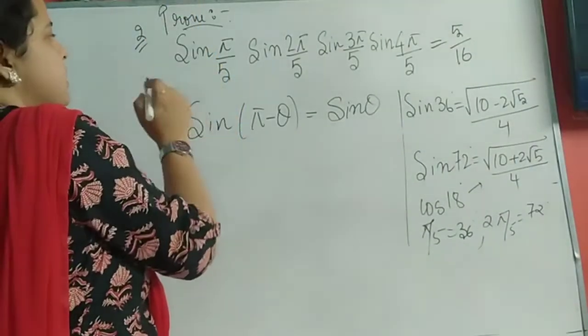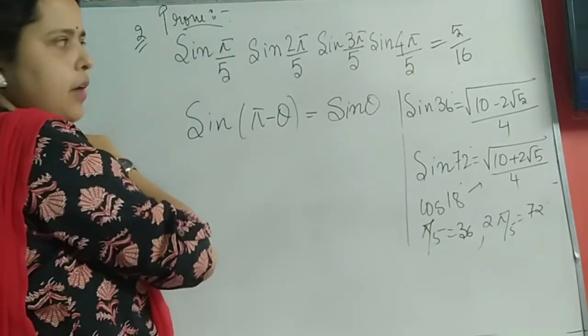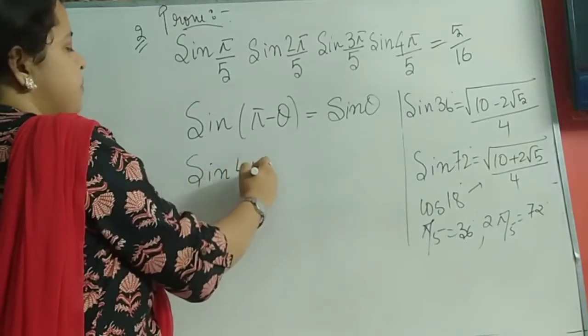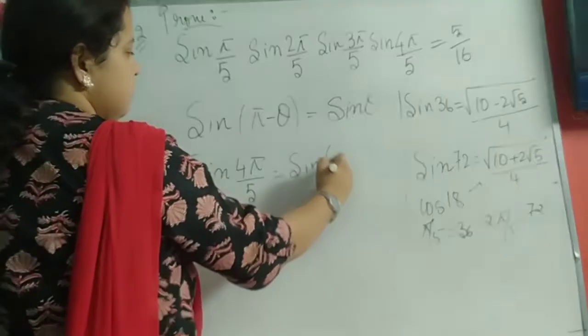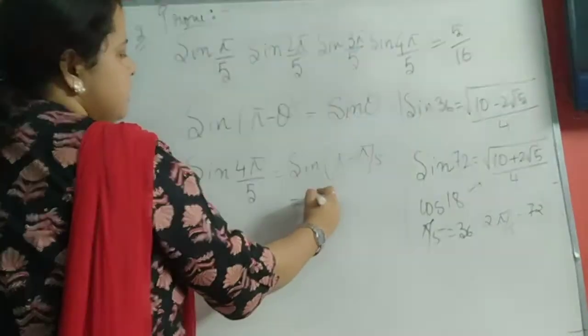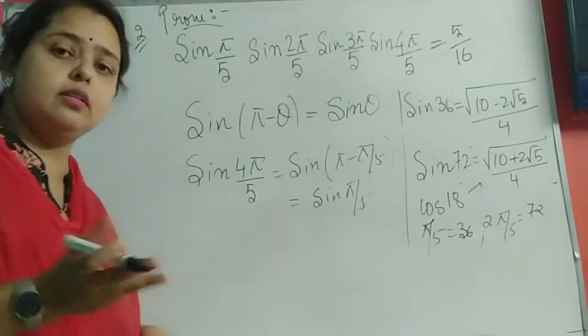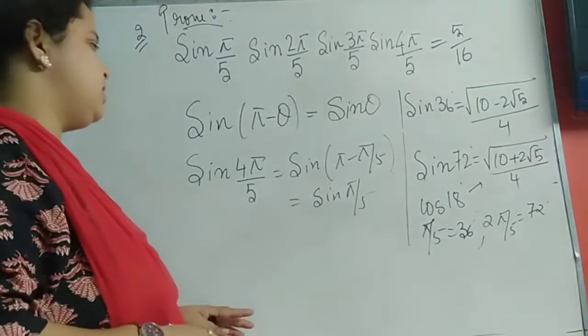So I hope you have understood till now what I am trying to do here. What about sine pi by 5 and sine 4 pi by 5? Have a look at that. Can I write sine 4 pi by 5 as sine of pi minus pi by 5, and further sine, and this is happening very nicely because in the second quadrant sine is positive, so there is no change in the sign also.